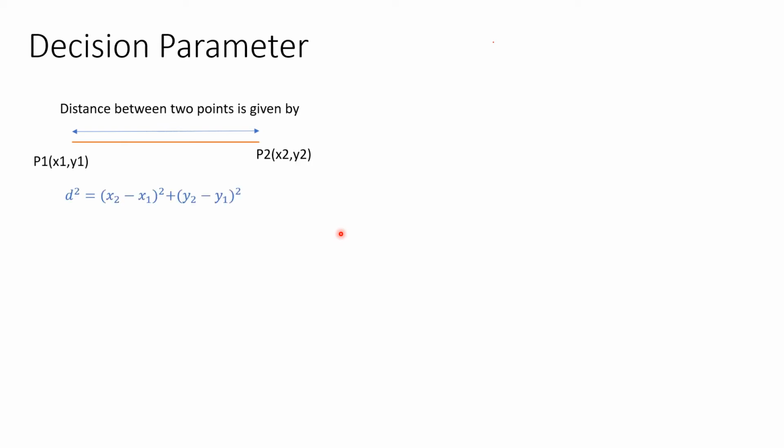To find the distance, the distance formula will be used, where P1 and P2 are the two points. It gives the square of the distance between the two points. If we take the square root, we get the distance. This formula will be used to calculate the distance of the pixel from the circle path.